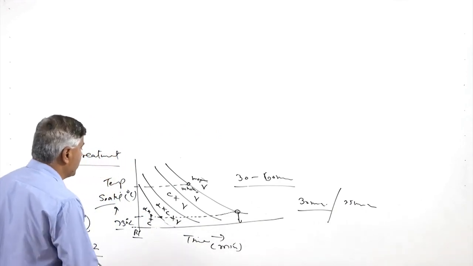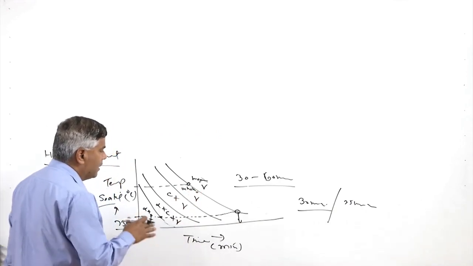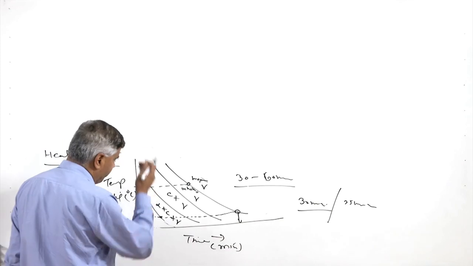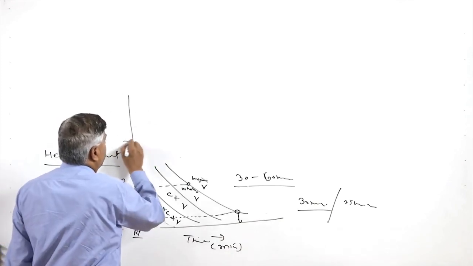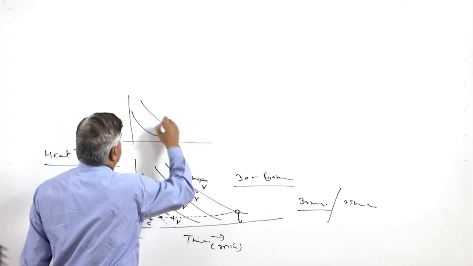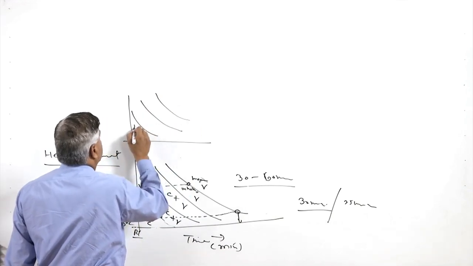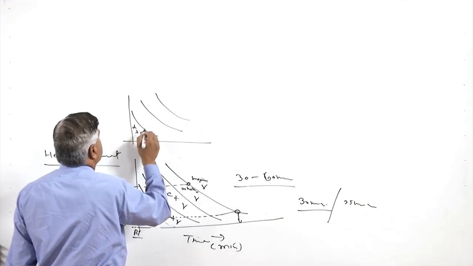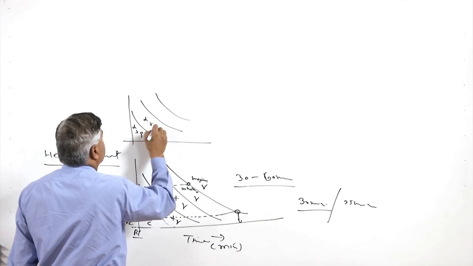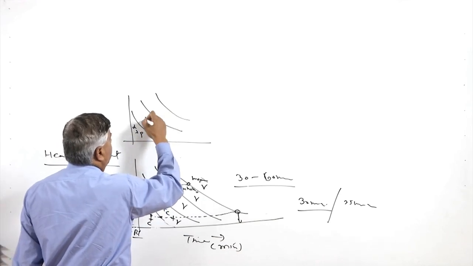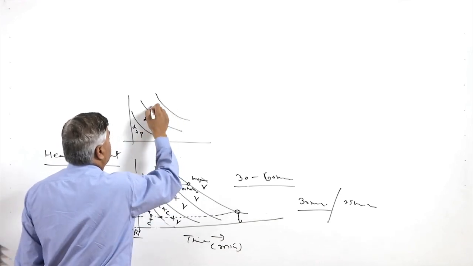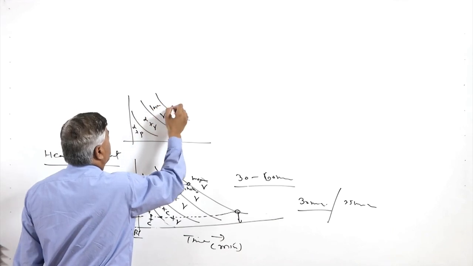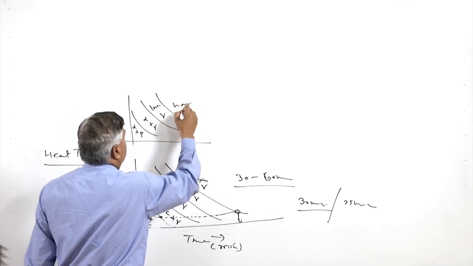Now, if we consider there are no alloy carbides, just the ferrite and pearlite present. In that case, what we will see is first alpha plus pearlite. So, pearlite will convert into the austenite, and then this alpha will also convert into the austenite. So, this will be inhomogeneous, and then we will get the homogeneous austenite.